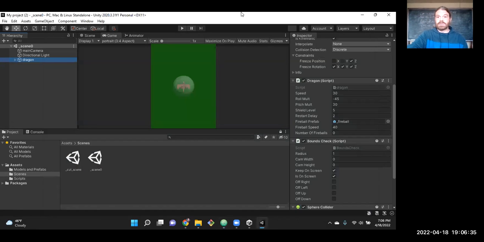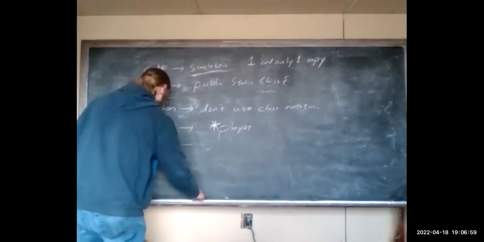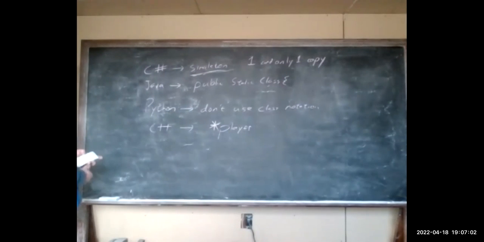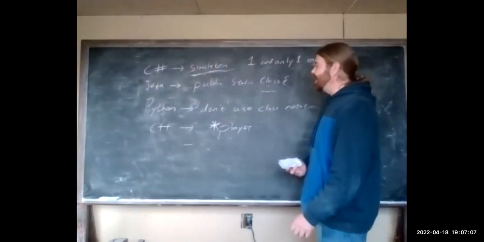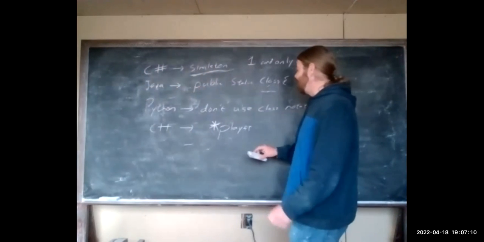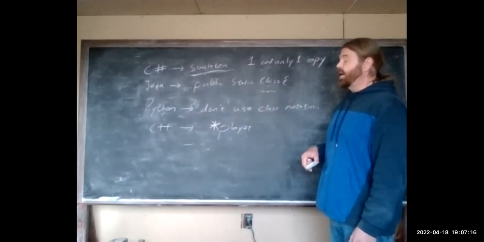object. So since we're in C#, when we attach that script as a component here, what we're really attaching is that one object that is in that script. So if you take this elsewhere where you don't have that restriction, in particular Python and C++, it's very common in Python that we just go ahead and put all of our classes in one file and just import that thing as a big library, which is what you want to do to mimic a singleton in Python.